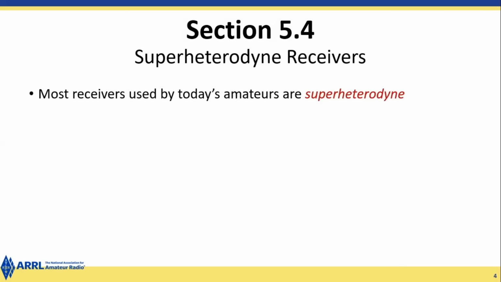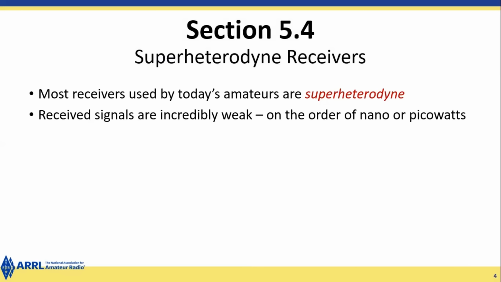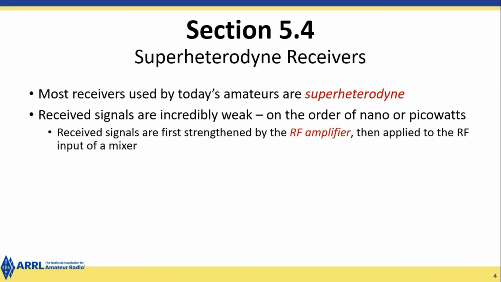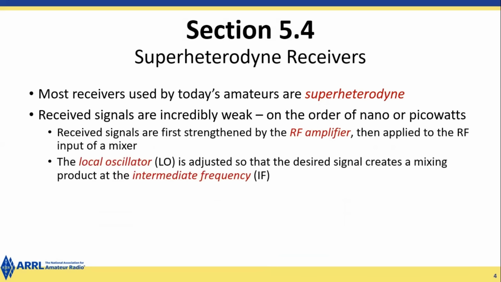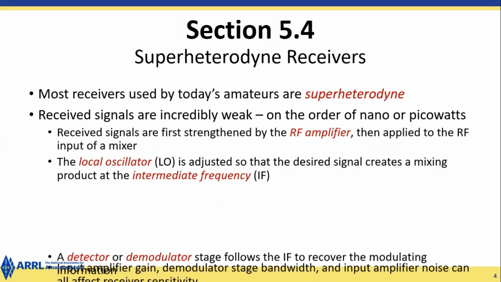Let's talk a little about superheterodyne receivers. Most receivers used by today's amateurs are superheterodyne. The received signals are incredibly weak, on the order of nano or picowatts. The received signals are first strengthened by an RF amplifier, then applied to the RF input of a mixer. The local oscillator is adjusted so that the desired frequency creates a mixing product at the intermediate frequency.